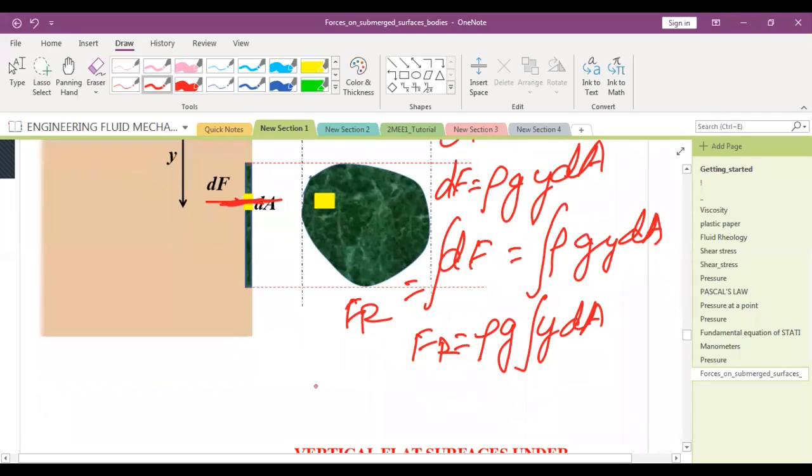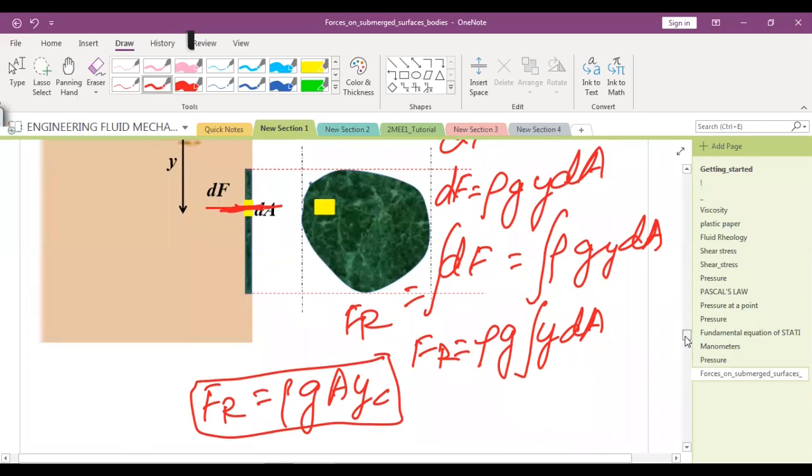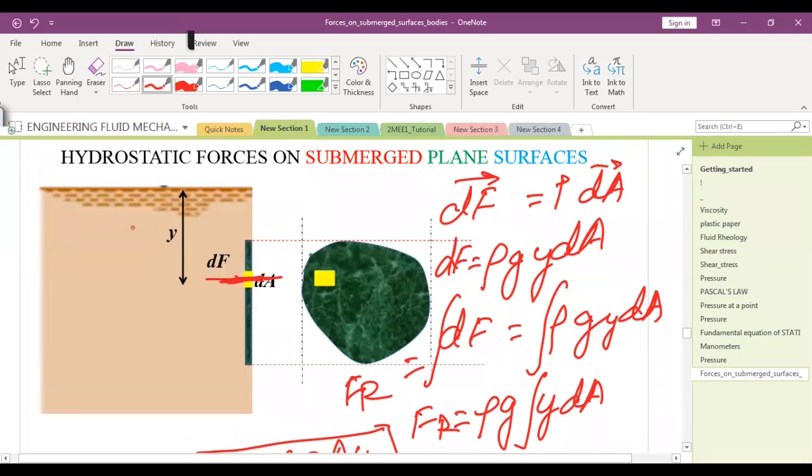And integral of y dA is equal to a yc, so Fr is rho g a yc. So yc is the centroid of the immersed part. So please remember, yc is the distance of the centroid of this from the free surface.